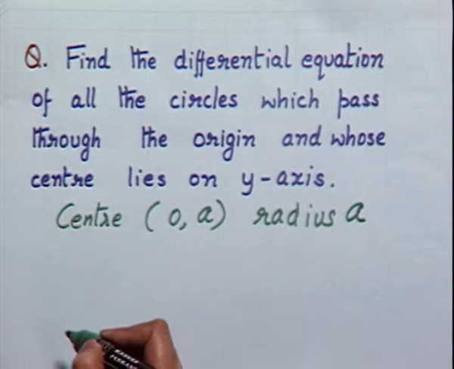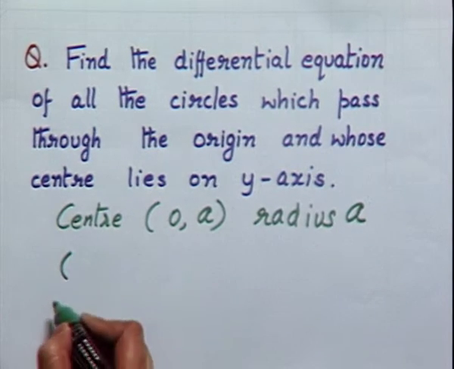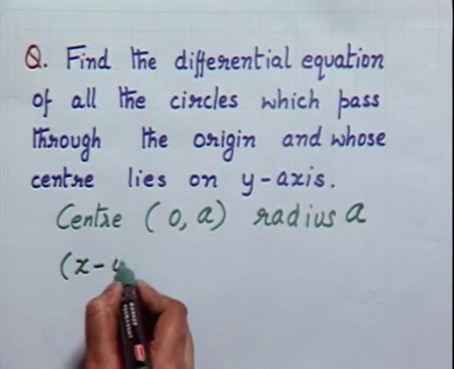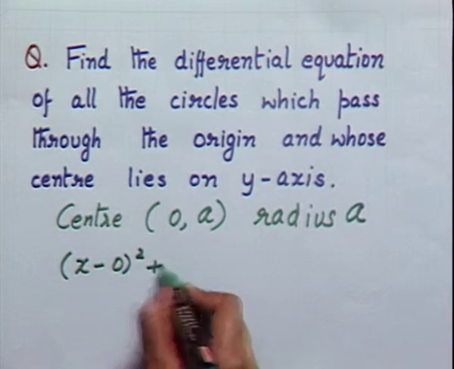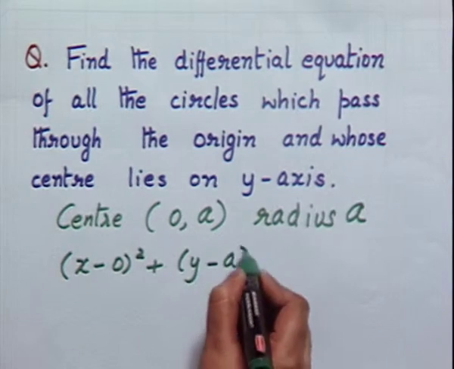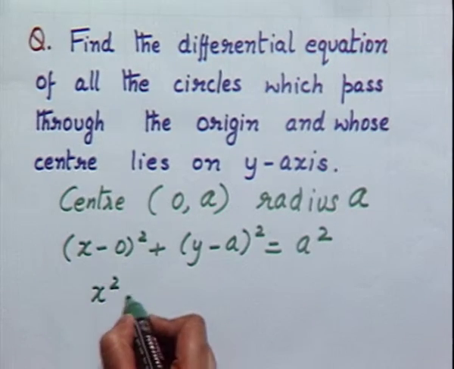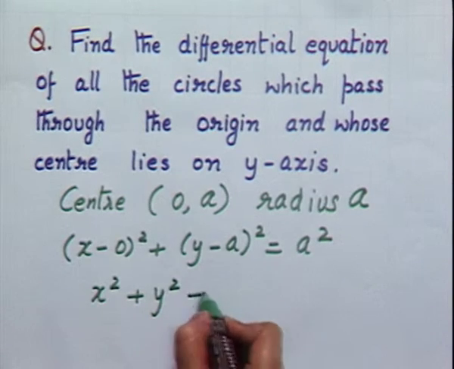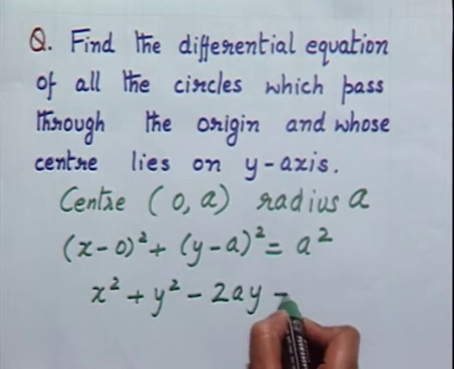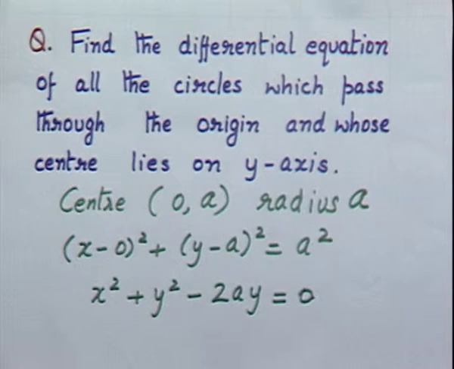Right, a. And therefore the equation can be written as (x minus 0) whole square plus (y minus a) whole square equal to a square. And that simplifies into x square plus y square minus 2ay equal to 0.